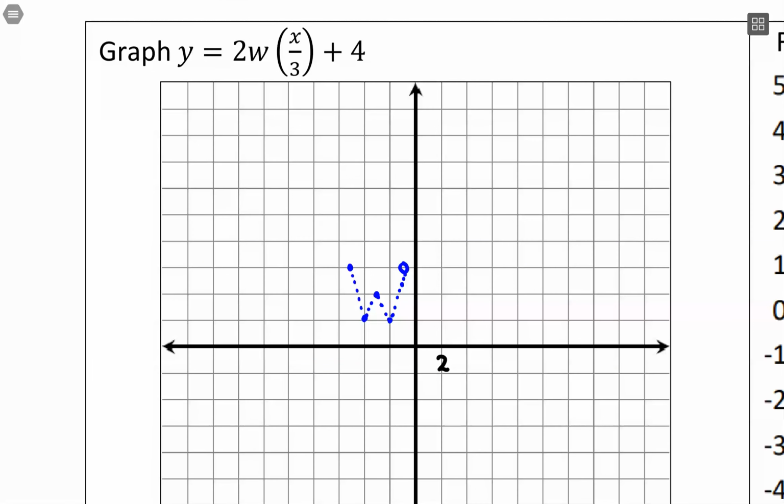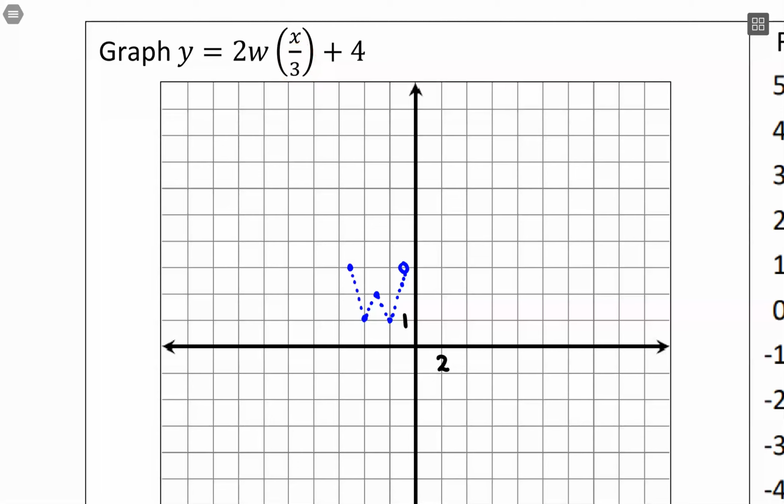Notice that for the scale, I made the x-axis go by a distance of 2 there. It's because we're going to have this big stretch horizontally. I know 3 isn't big, but it can cause a big stretch that will make it hard to see.